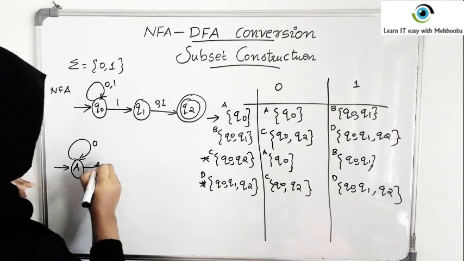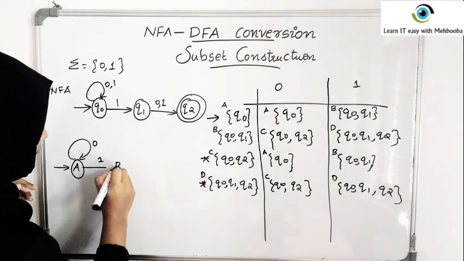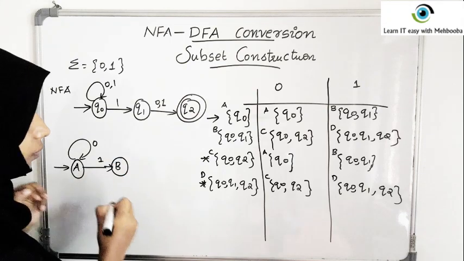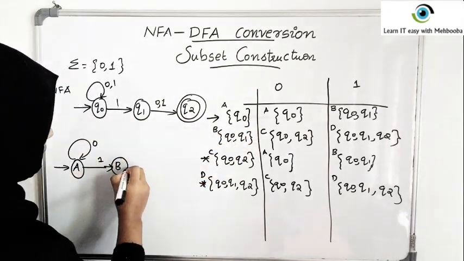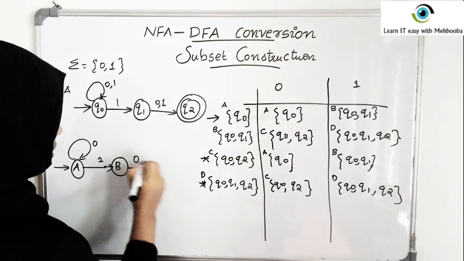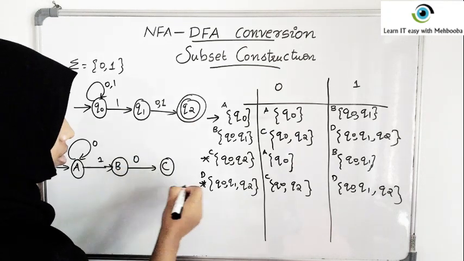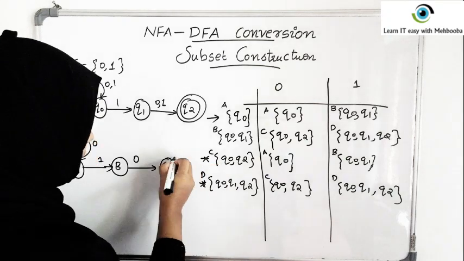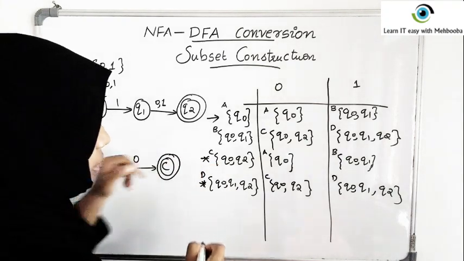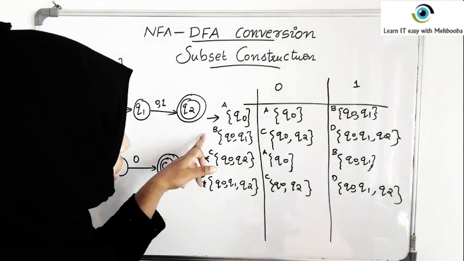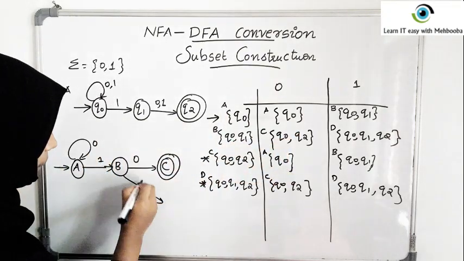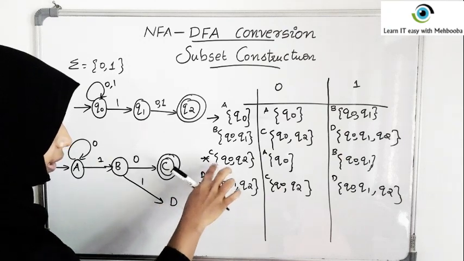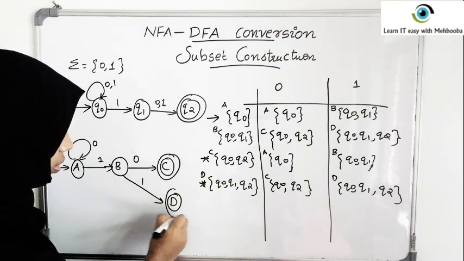Now, when you apply 1 to A, you will get B. Now, when you apply 0 to B, you will get C. Okay, so C is a final state too. Now, when you apply 1 to B, you will get D. And D is the final state.